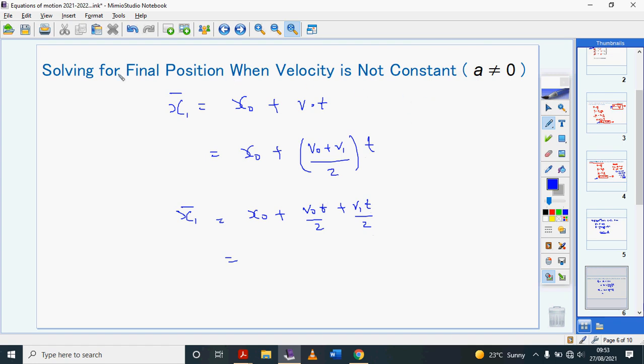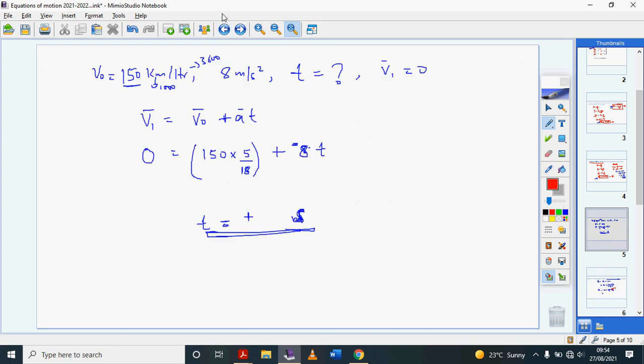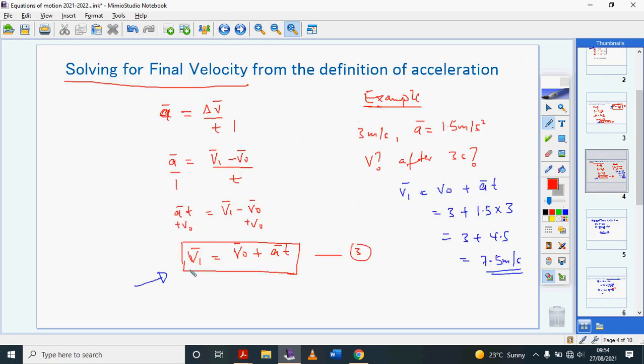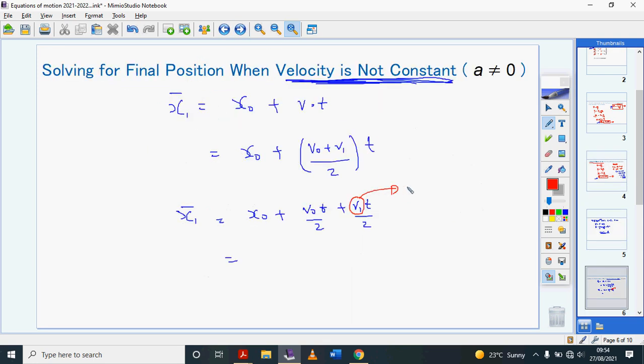However, we're saying velocity is not constant. So velocity is changing. That means we don't know what the final velocity is. So we need to get rid of this final velocity term in this equation. How do we get rid of this final velocity term? Take you back here. It says final velocity is initial velocity plus acceleration times time. So that's what I'm going to substitute for.